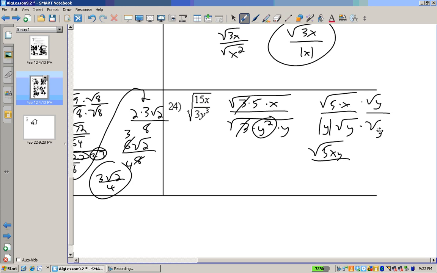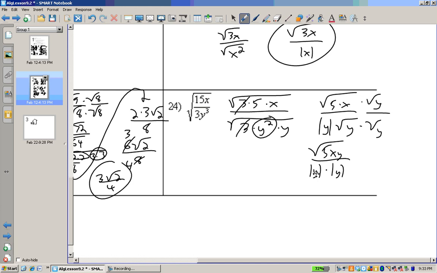square root of y times square root of y, that's going to be square root of y squared. The square root of y squared is the absolute value of y. I get the absolute value of y times the absolute value of y. Well, think about it. If y itself, not the absolute value, were positive, positive times positive gives you positive.